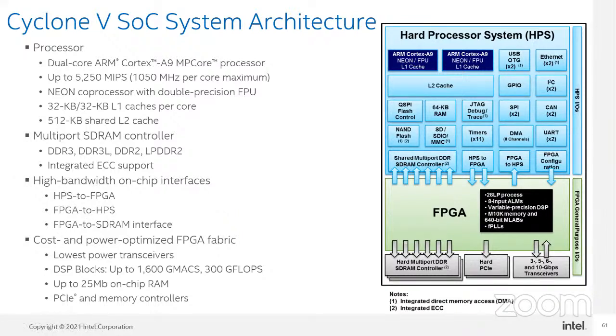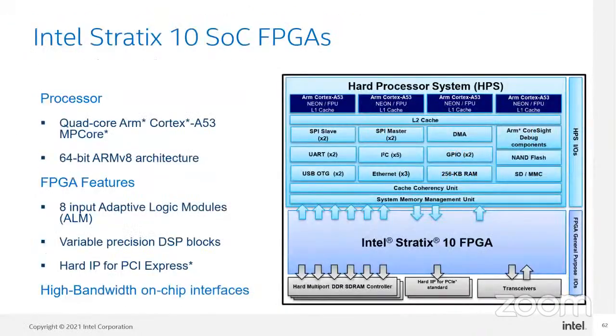Right. The next important thing which we need to highlight is the high-end SoC FPGAs. So in this case, we need to discuss the Stratix 10. As I mentioned earlier, there is a quad-core application processor A53, and then you have a Neon, which is a floating point unit, and you have the other interfaces like UART, SPI, GPIO, etc. And you can communicate between the HPS and the FPGA.